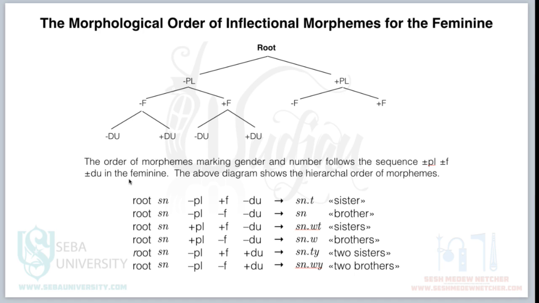So remember this here. This is the morphological order. And this is the reason why scholars discuss the root of a word, or whether it's single or not, then whether it's plural or not, then its gender, and then duality.